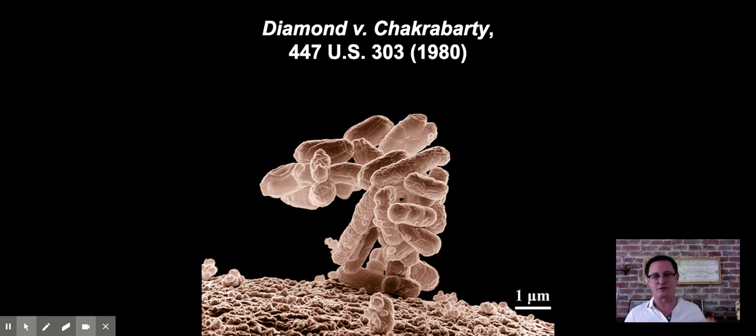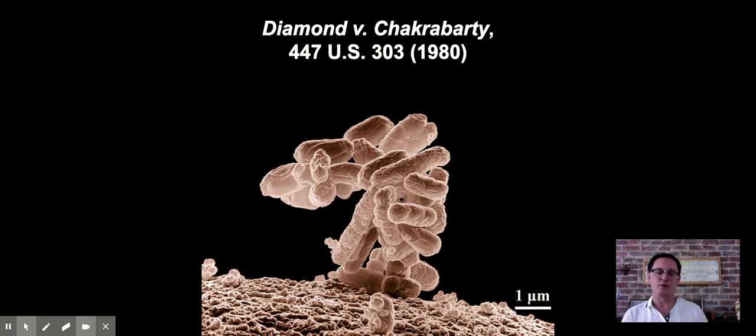This renewed focus on Section 101 and what it does and doesn't include is relatively recent within Supreme Court history. One of the first cases in this new wave of 101 cases was Diamond v. Chakrabarty. Chakrabarty had taken out a patent on a new microorganism that ate oil.